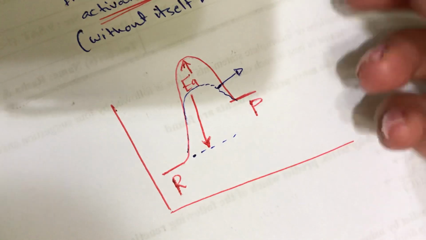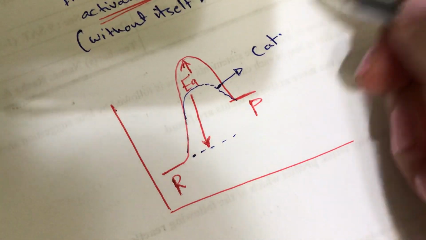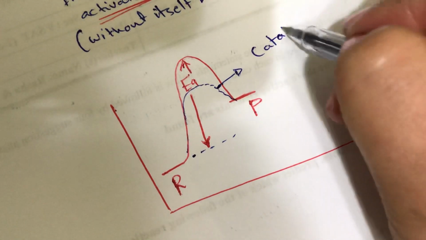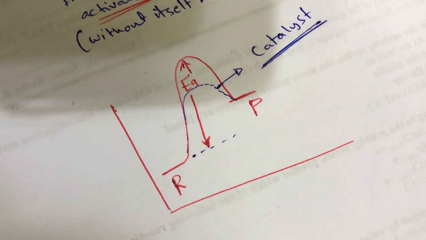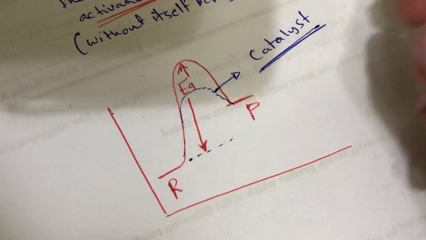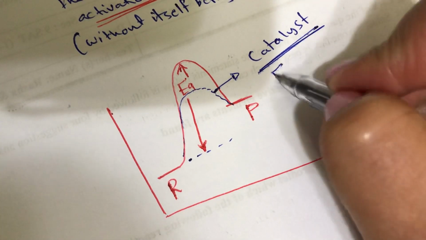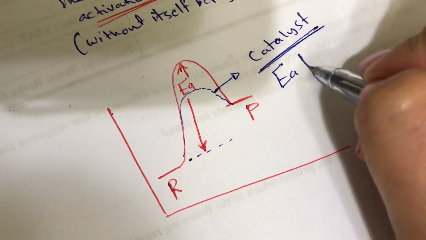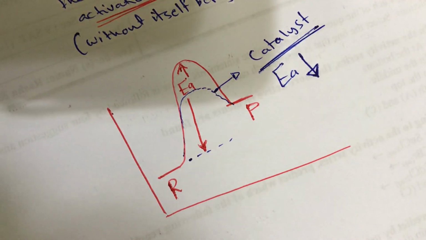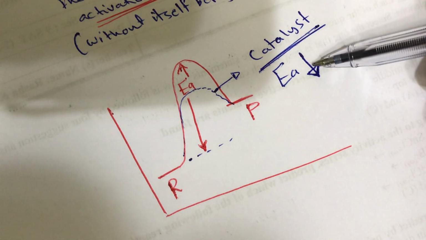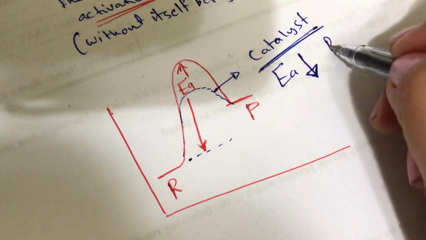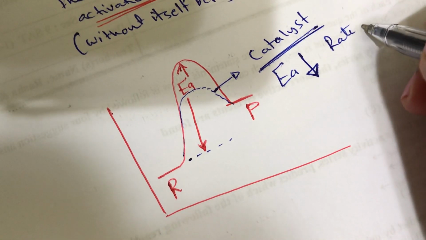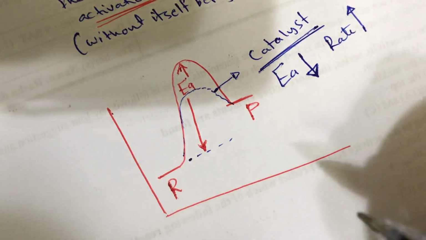So here with using catalyst. So when we use catalyst in the chemical reaction, activation energy decreases, and as you know from section 1, reaction with lower activation energy has higher rate of reaction. So rate of reaction increases.